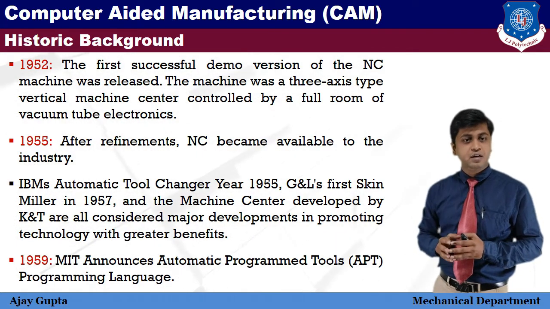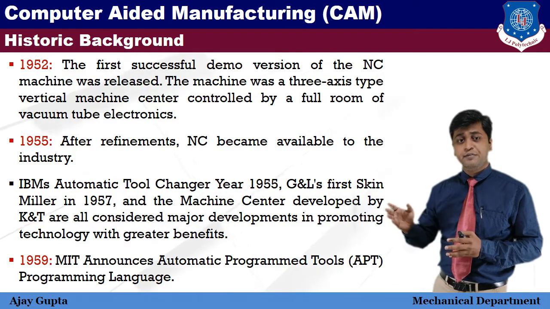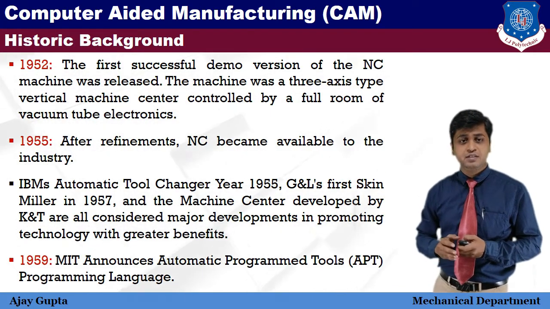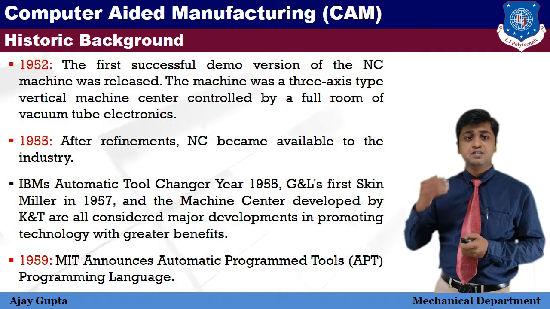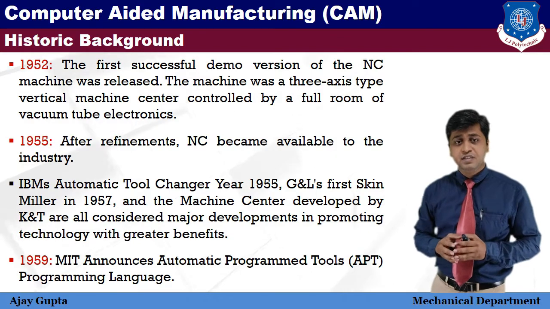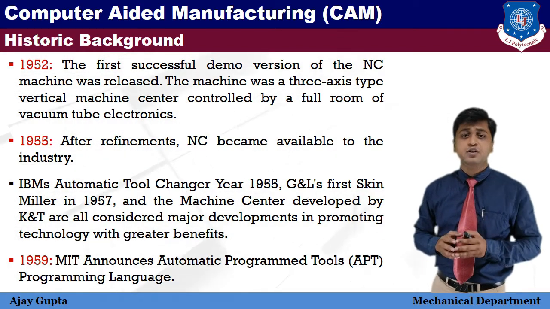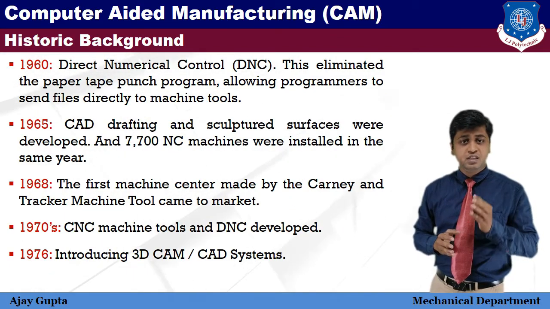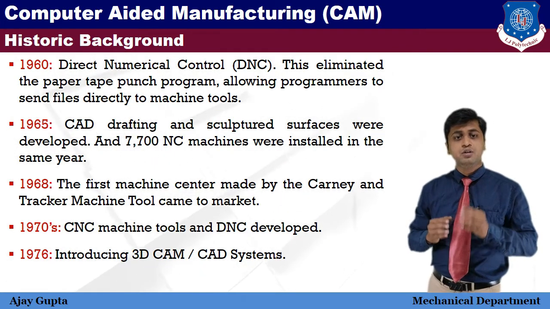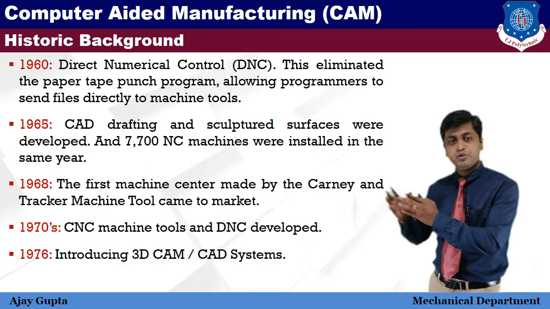Then development continued through 1955 and 1959, and research went on. Then in 1960, direct numerical control, DNC, eliminated the paper tape punch program, allowing programmers to send files directly to the machine tool.